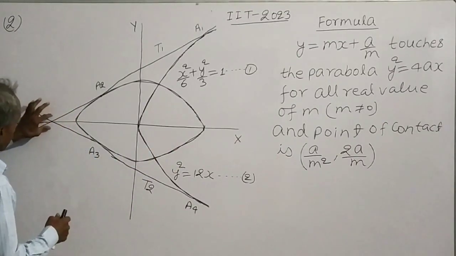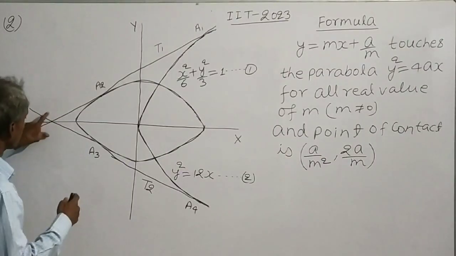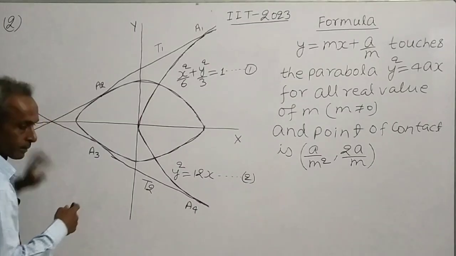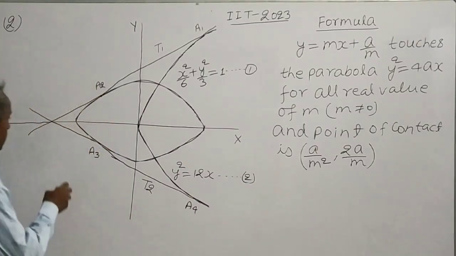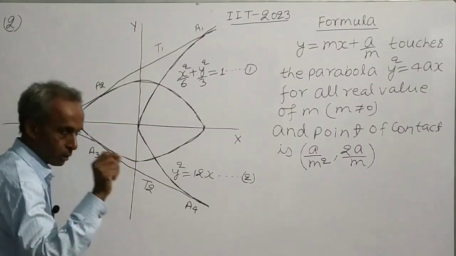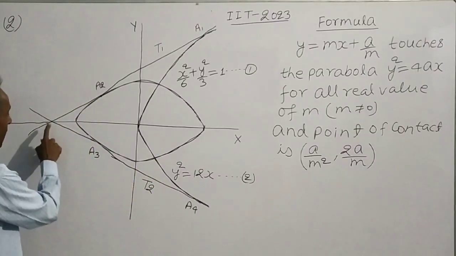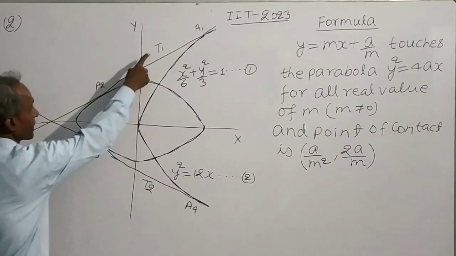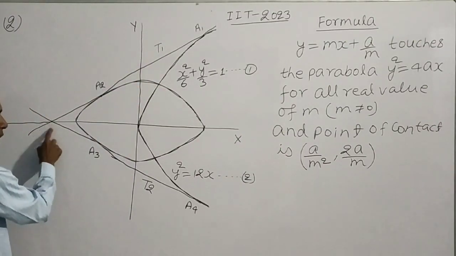In two different options, two different coordinates are given. Which one is correct? To know which of the two is correct, we will have to find the point of intersection of T1 and T2, that means the coordinates of this point.